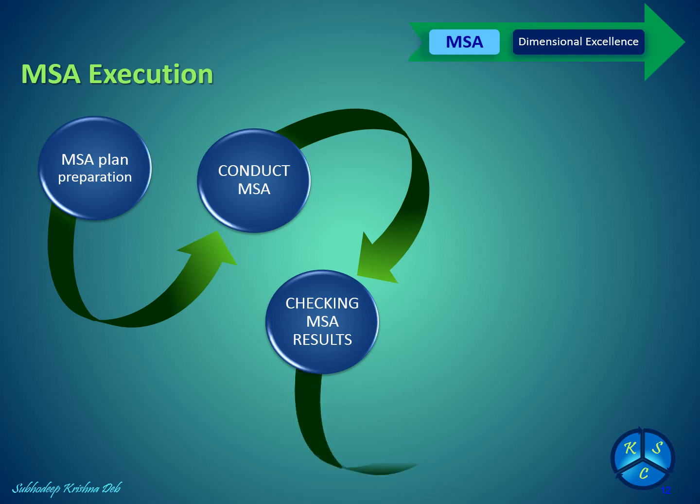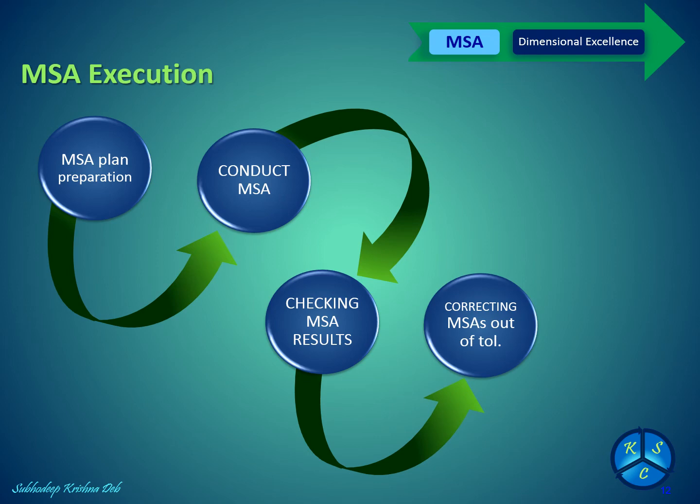After checking, if the result comes within the acceptance criteria, then it is well and good. But if it does not, then we have to determine the corrective actions and make corrections in that process to improve it. Whether a new gauge may be introduced, or the appraiser needs to be trained, or the sampling must be done in a more systematic way.